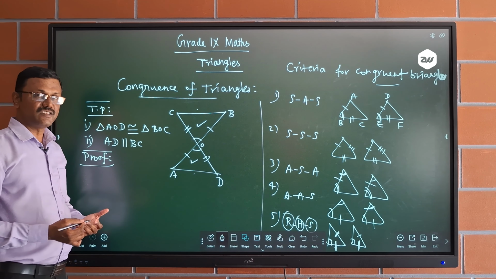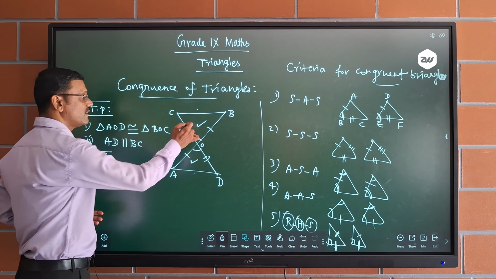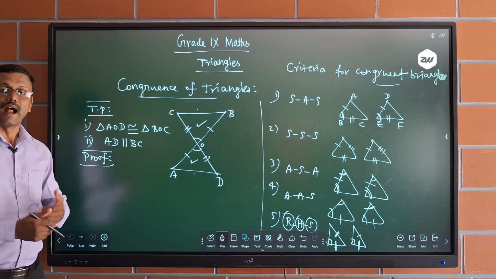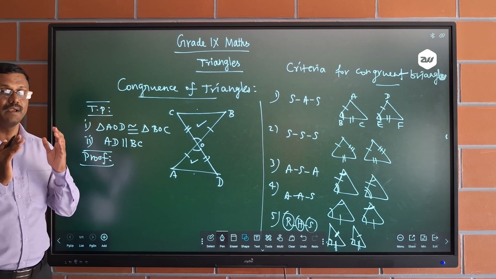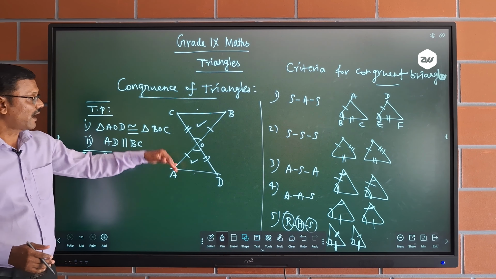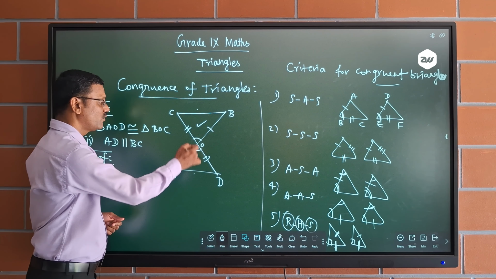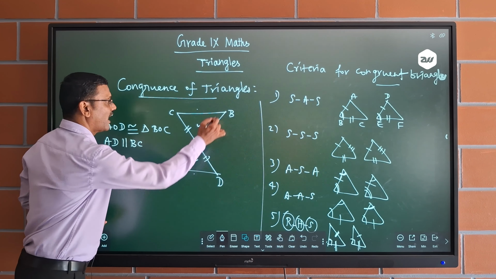Initially, in all the sums in the triangle chapter, we have to consider the two triangles given in the figure and prove that they are congruent triangles. Based on the congruent triangles, I am going to prove it. Now in this figure, what are the two triangles we have? Obviously AOD and BOC.